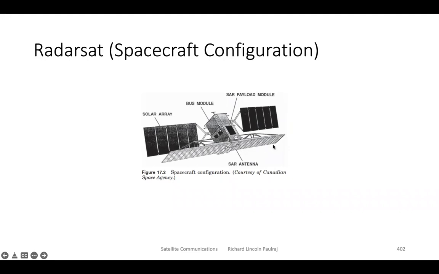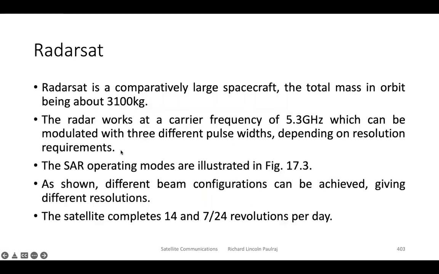The antennas play a very important role here in receiving and transmitting. This is one of the configurations. So this is the spacecraft configuration as we saw, right? And as I was mentioning, this antenna plays a very important role.